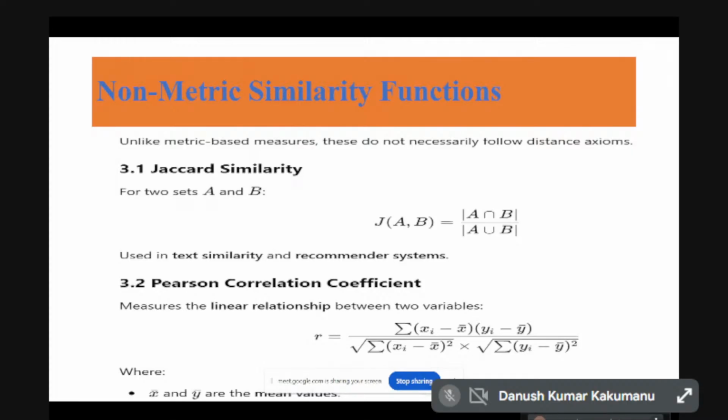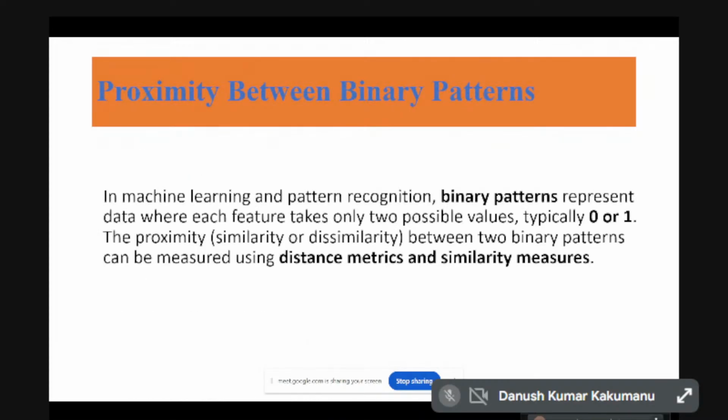The first four formulas which we have learned are called metric similarity functions.